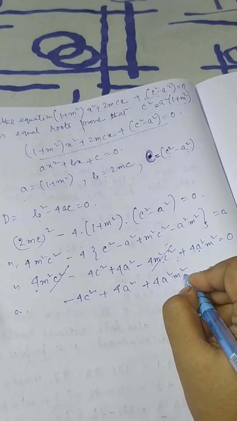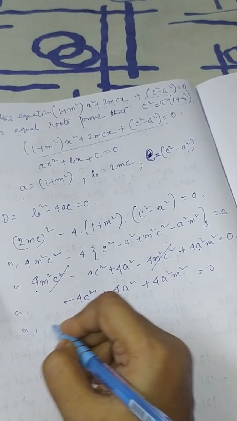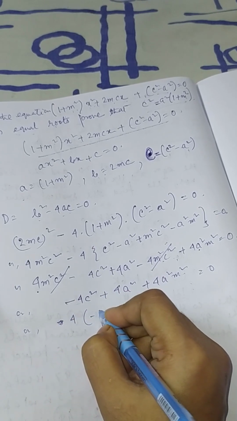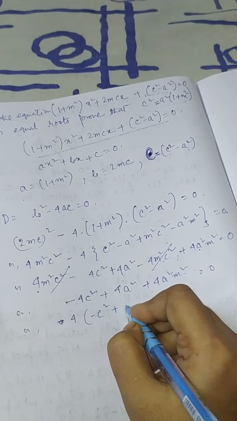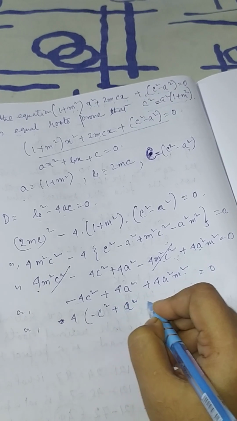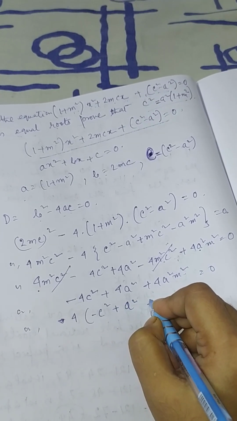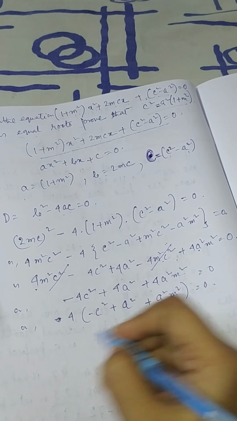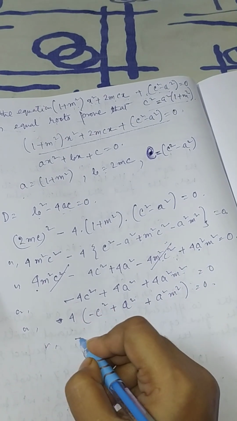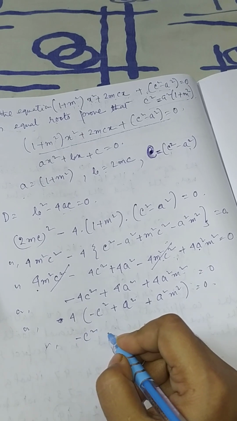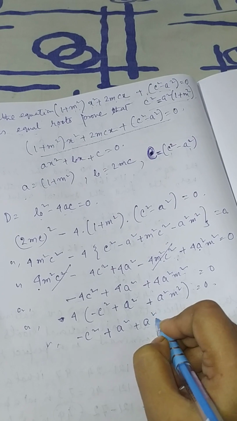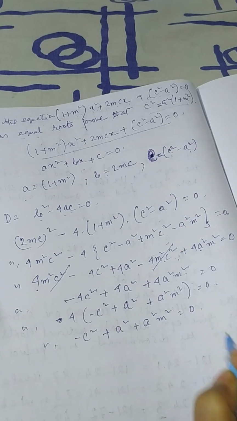So in all three terms 4 is common, so taking 4 as common, I will get minus c square plus a square plus a square m square is equal to 0, and minus c square plus a square m square is equal to 0.